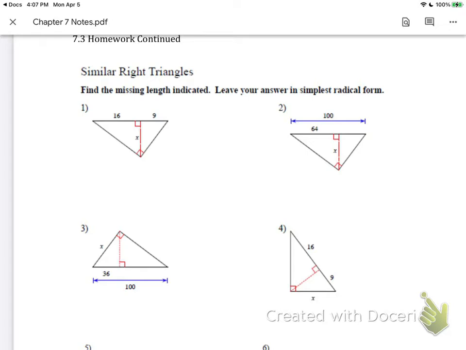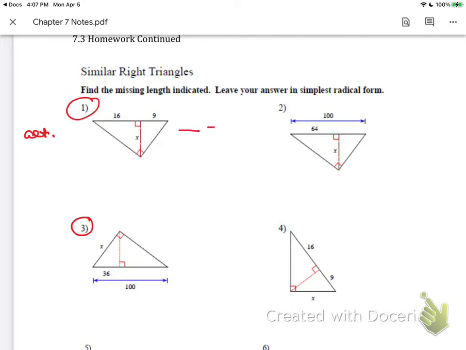Okay, moving on to this next piece, what I wanted to do was to use the geometric mean to find missing values. So we're going to do 1, and maybe we'll do 3. Okay, so this number 1 deals with the altitude. So this is the altitude geometric mean statement.